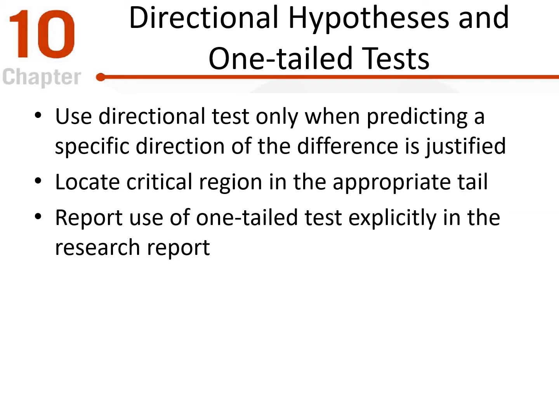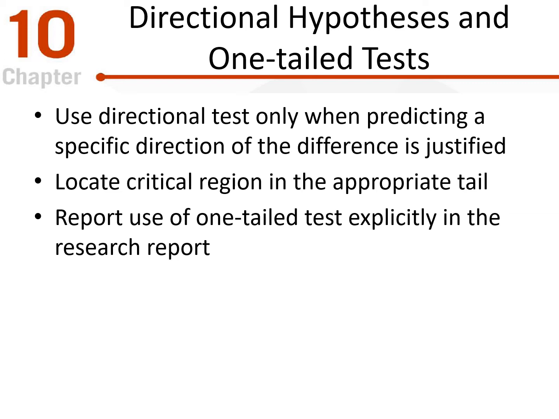So you really try not to use directional tests as much as possible. And it's just not good practice in terms of publications. People get on you about using one-tailed tests, directional tests. If you're going to use a directional test, you need to justify why you're doing it, and it has to be obvious. And if it's not obvious and justifiable, don't do it.